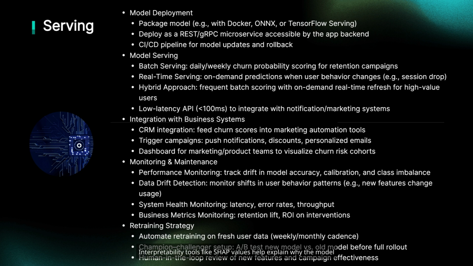Interpretability tools like SHAP values help explain why the model predicts churn, such as declining session frequency or reduced purchases. Finally, we evaluate operational aspects. Predictions must be low latency to trigger timely interventions, e.g., sending a push notification within hours. The model should also be robust across user subgroups.